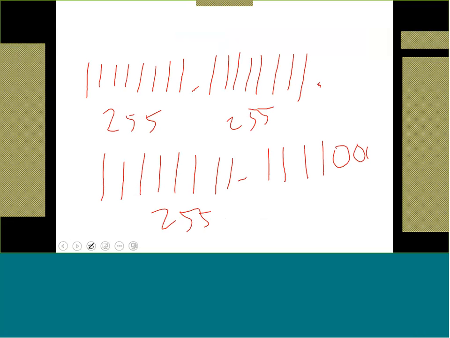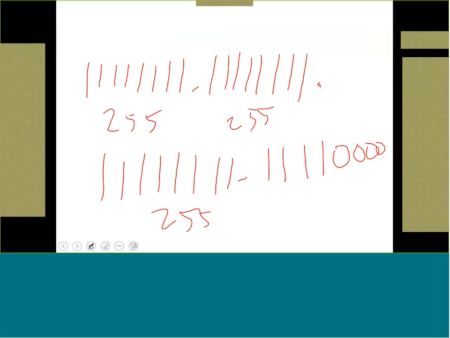Dot. 1, 2, 3, 4, 5, 6, 7, 8. So that's 16 of them. 255. 1, 2, 3, 4, 5, 6, 7, 8. That's 24 of them. 255. 25, 26, 27, 28. Isn't that 28 ones?